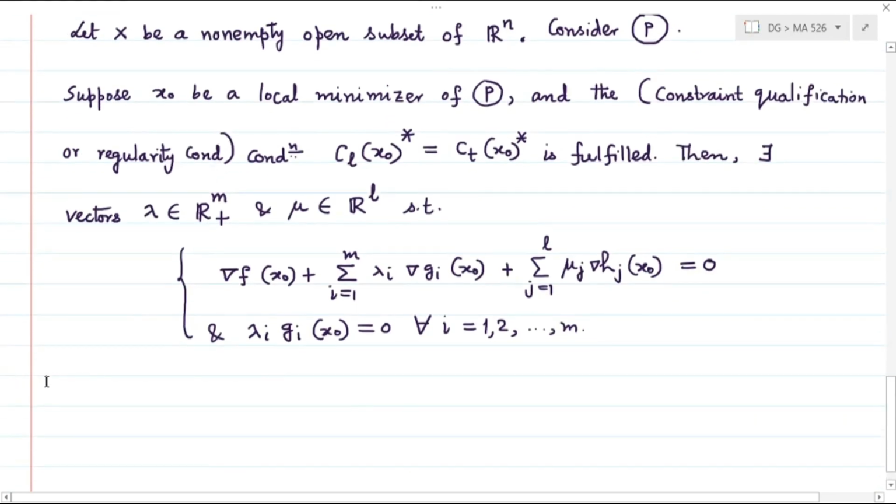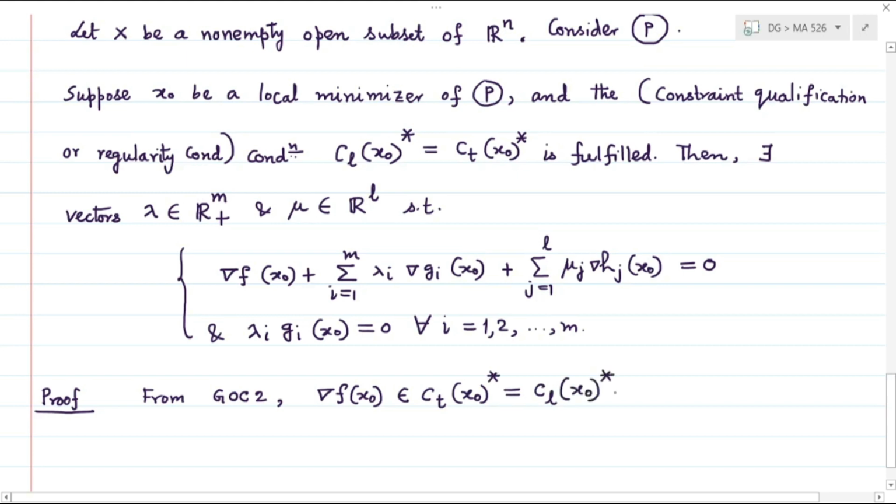The proof goes the following way. Now, as x naught is a local minimizer, from the geometric optimality condition 2, what you have is grad f(x naught) belonging to the dual of the tangent cone, and the dual of the tangent cone is assumed to be the dual of the linearizing cone, is it not?